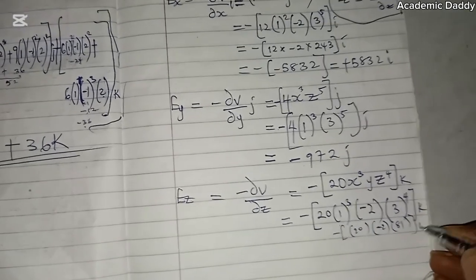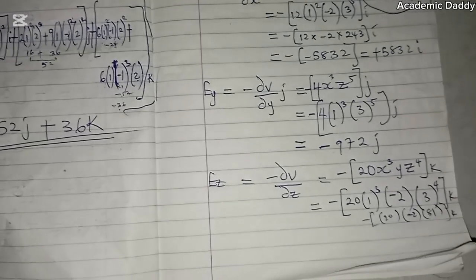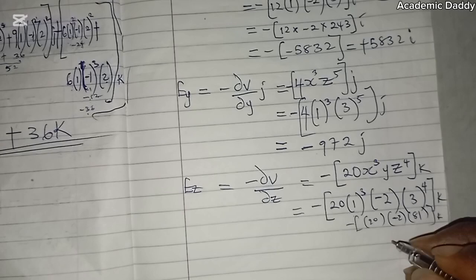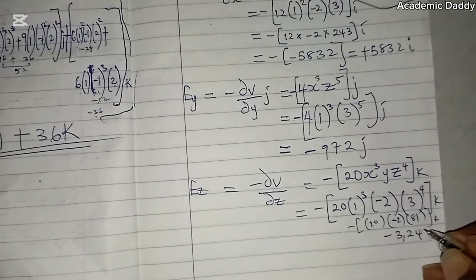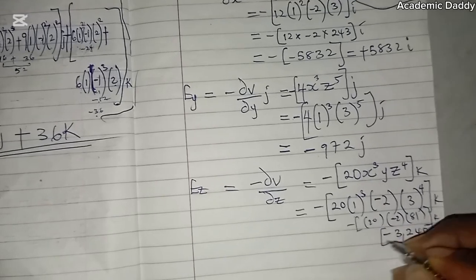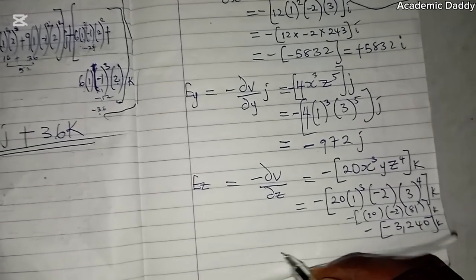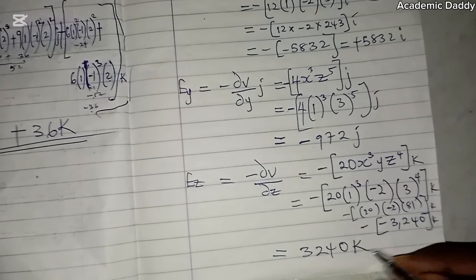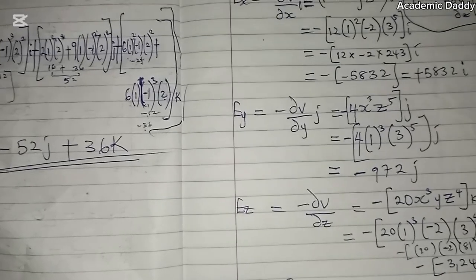Okay, so let's do it. 20 times 2 times 81. So this is going to be minus 3,240k. And notice that there's minus outside. This minus made this one, so it will be plus. So equals to 3,240k. So on the Z axis, this is what you have.